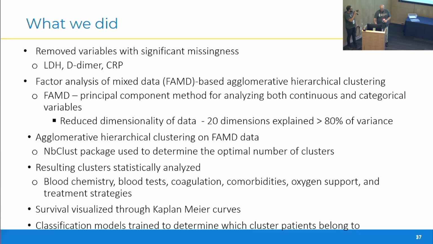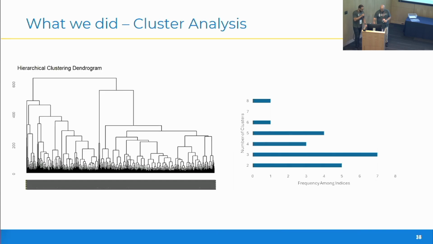And then once we found these clusters, we looked to both statistically analyze the different components of the data, including blood chemistry, blood tests, coagulation functions, as well as comorbidity, oxygen support, and the treatment strategies, and then look at the differences in survival across our groups. And then at the end, we actually trained a few classification models to determine if we could see which patients belong to which group, as a kind of validation of what we found.